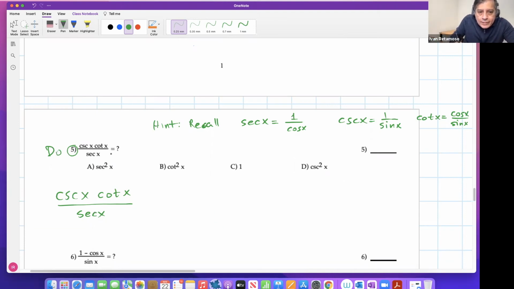Okay, let's do it together. Here, I'm going to substitute secant for its equivalent using the reciprocal identity, 1 over cosine of x.